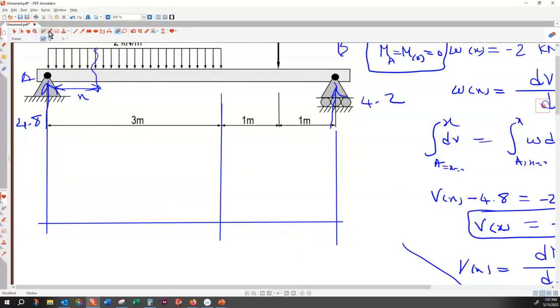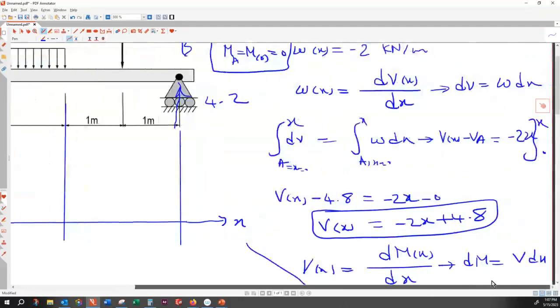At x equal to 0, V of x is equal to 4.8. So this is my shear force diagram, and this is my x-axis. At x equal to 3, the shear force is what? I need to find out the shear force by plugging x equal to 3.